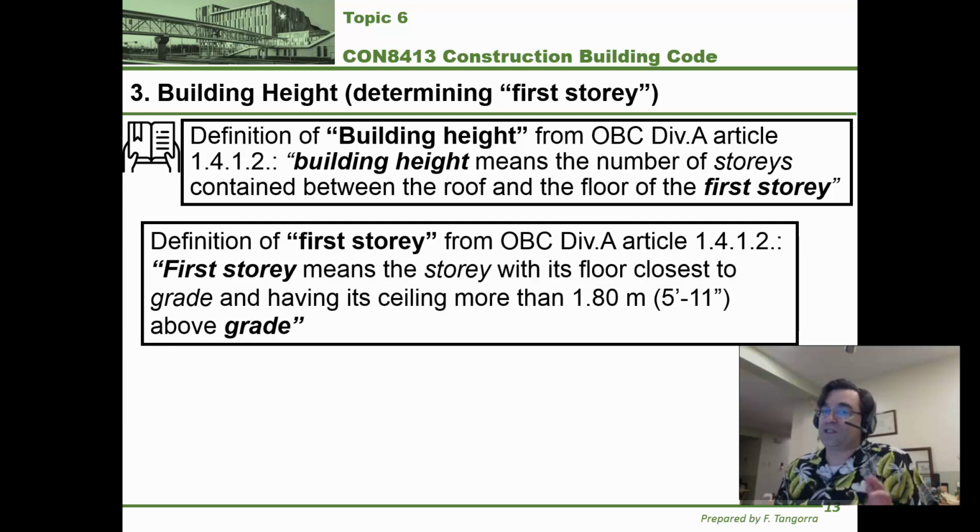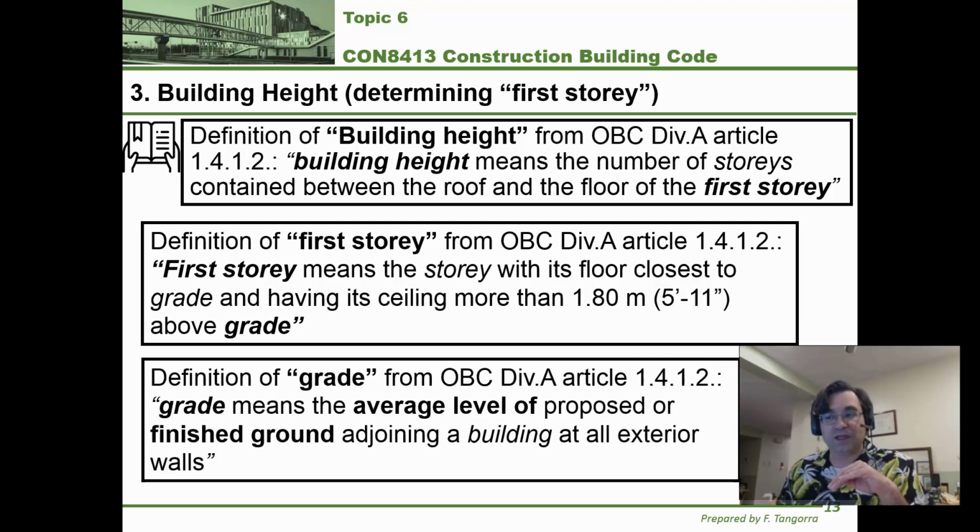It also defines the first story as that story where the floor of that story is closest to grade, and the ceiling of that story is more than 1.8 meters above grade, where grade is the average level of the ground level around the building. Okay, so you can see now, depending on how this first story is determined, something that we could consider a basement might actually be a first story.